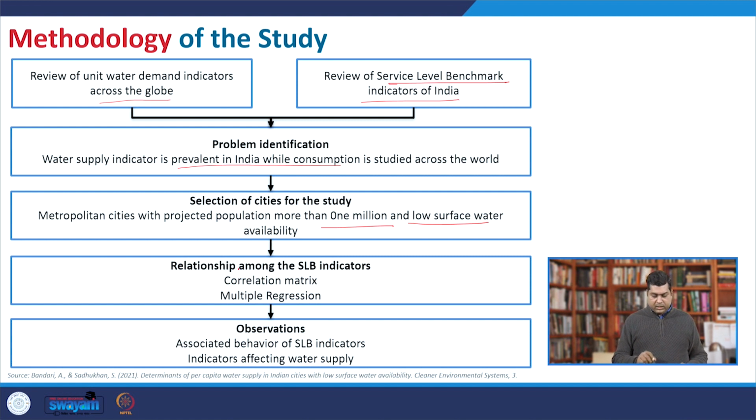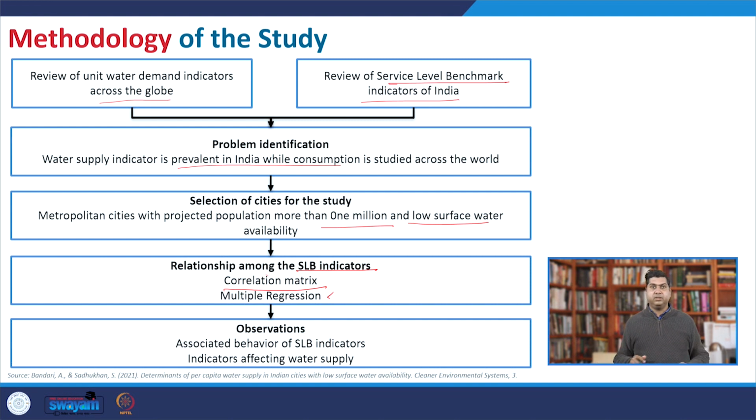Then we tried to establish the relationship among the SLB indicators. We conducted correlation analysis and then multiple regression analysis, taking the PCS as the dependent variable and the other indicators which showed a strong correlation with PCS.